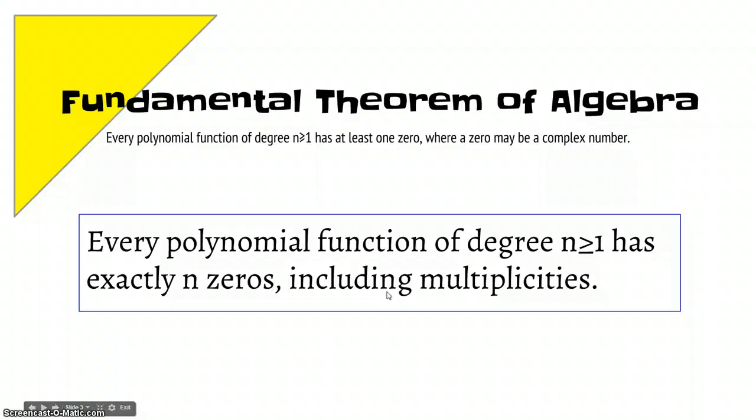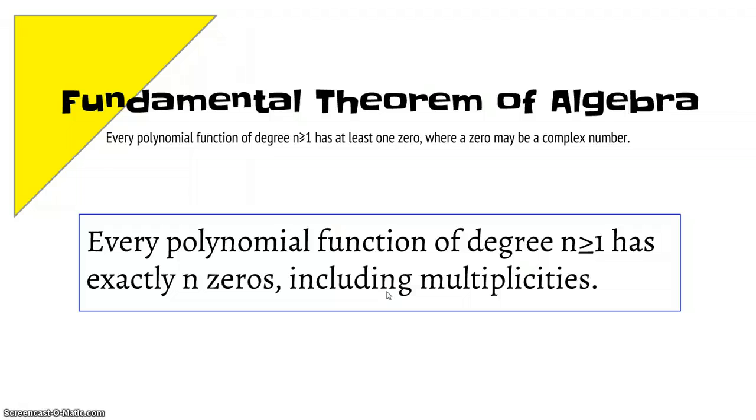We have to account for sometimes a zero occurring more than one time. But this is what this means. Quadratic, 2 solutions. Cubic, 3 solutions. Degree 4, 4 solutions. Degree 5, 5 solutions. Degree 100, you'd have to solve and find 100 solutions. Like, how sweet is that? I love it. Okay, I know maybe you don't love it, but I think it's pretty darn sweet.